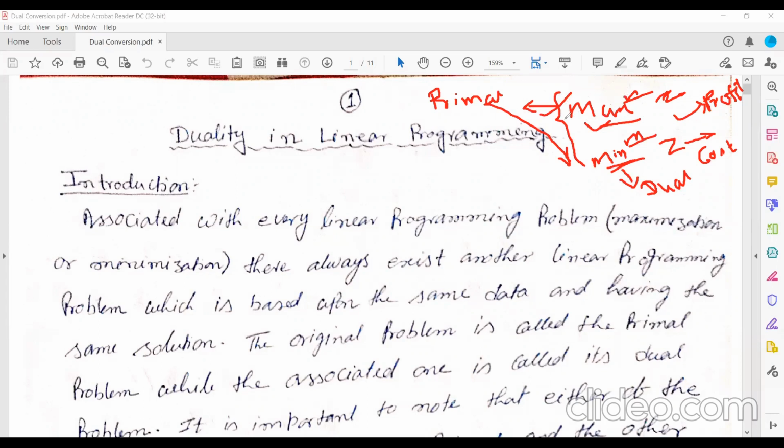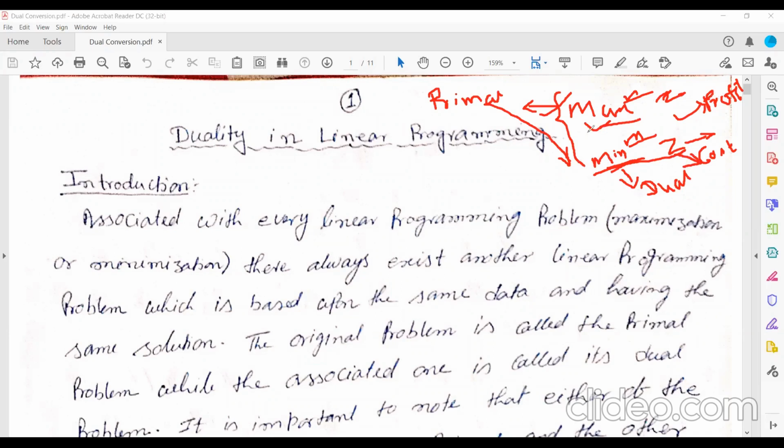Suppose an industry has made one model, and that model is about maximization of its profit. Then from this linear programming problem, we'll derive another linear programming problem, and that problem will be related to minimizing the cost.